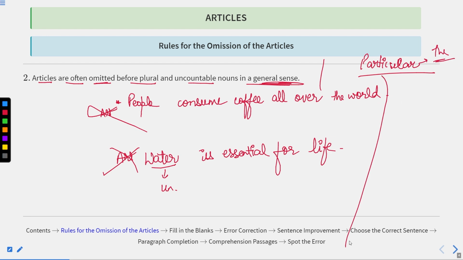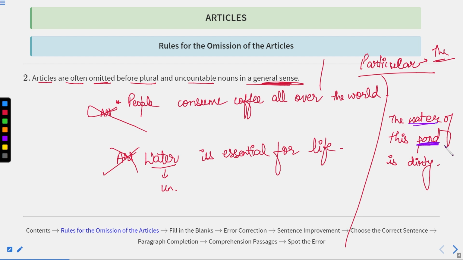Okay, for example, if I say the water of this pond, it means I'm talking about the water of a particular pond. Okay, here I'm making this water particular. The water of this pond is dirty. Okay, it means I'm talking about the water of a particular pond, which is related to this pond only.